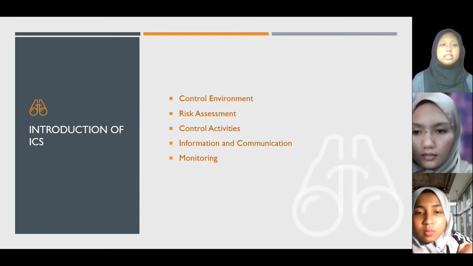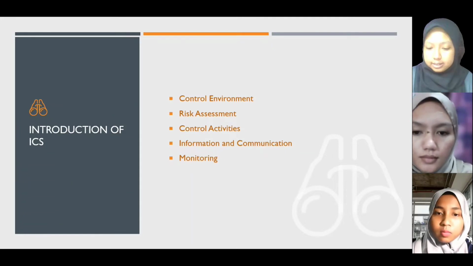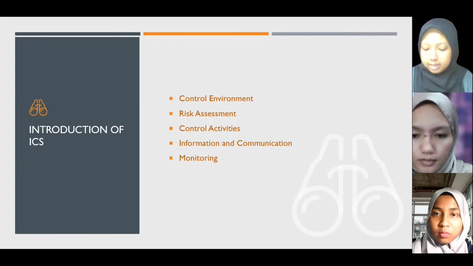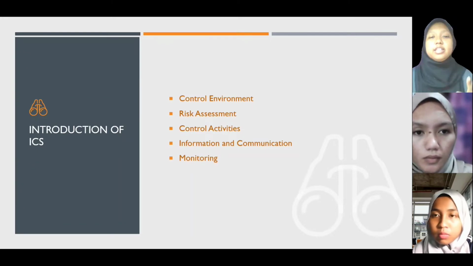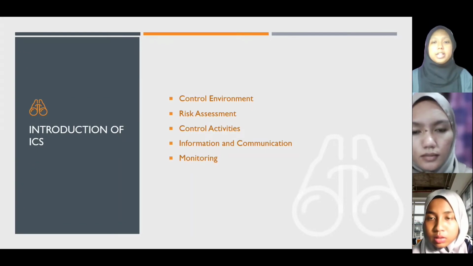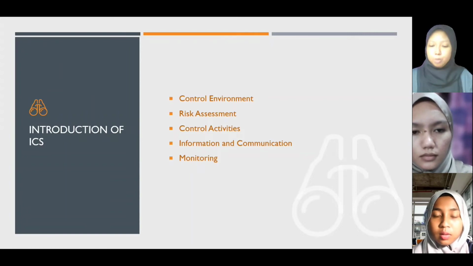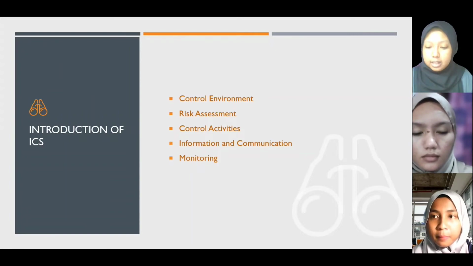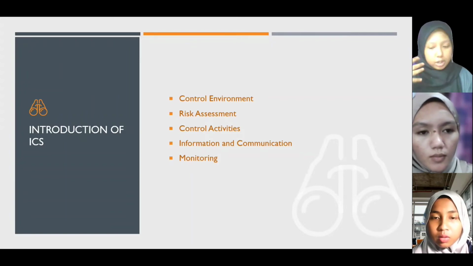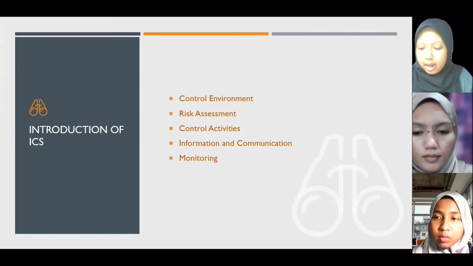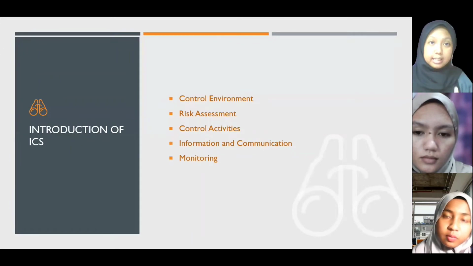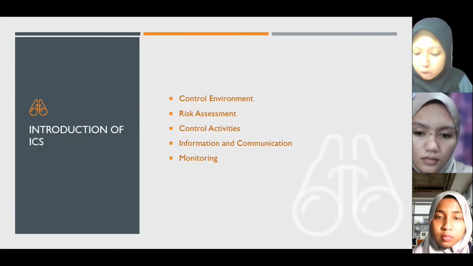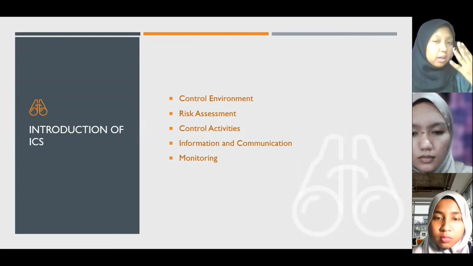Introduction of the internal control system. As you can see, there are 5 components in an internal control system: control environment, risk assessment, control activities, information and communication, and monitoring. When developing an accounting system, as an accountant, or anyone who audits the system, we will evaluate this internal control in the system, so we have to be aware of all these 5 components.